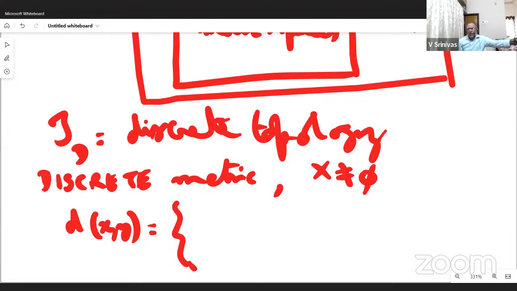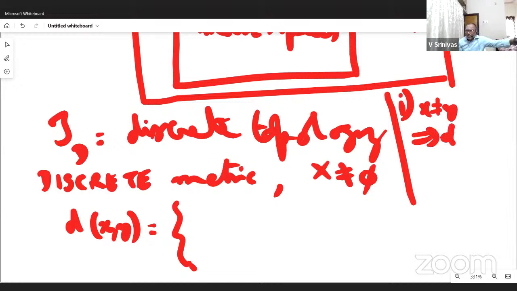What does the first condition say in the definition of a metric? If x is not equal to y, d of xy must be positive. x equals y if and only if d of xy is zero. So x not equal to y gives you d of xy is positive.